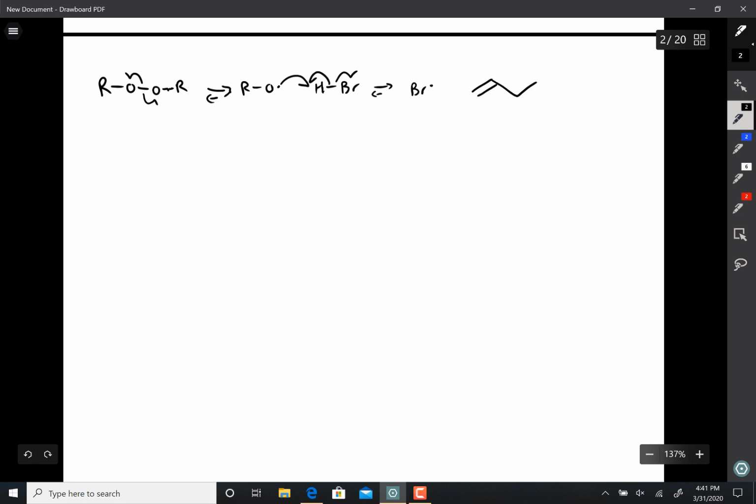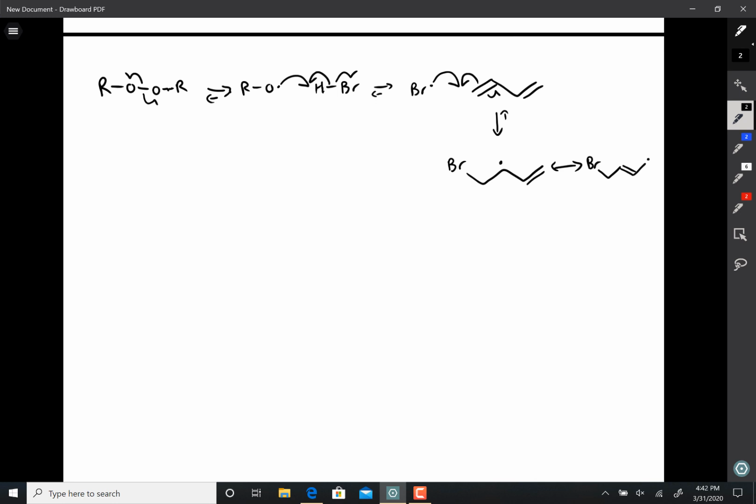And the bromine radical likes to add to the less substituted side to give the most stable radical it can. And like the carbocation, this radical is also resonance stabilized. And either of these two radicals can take an H from HBr.